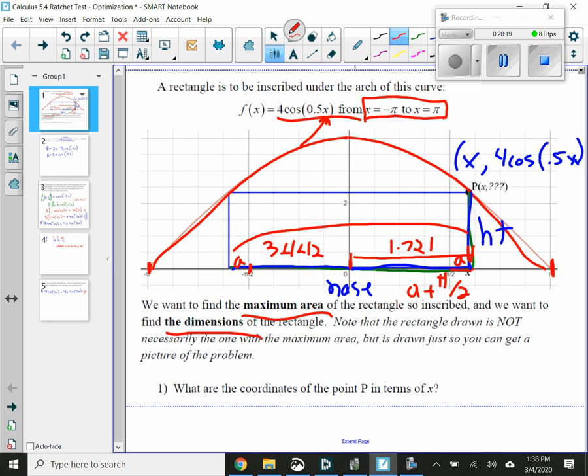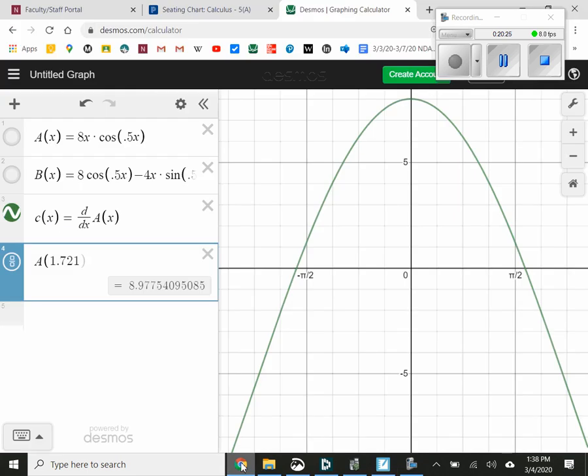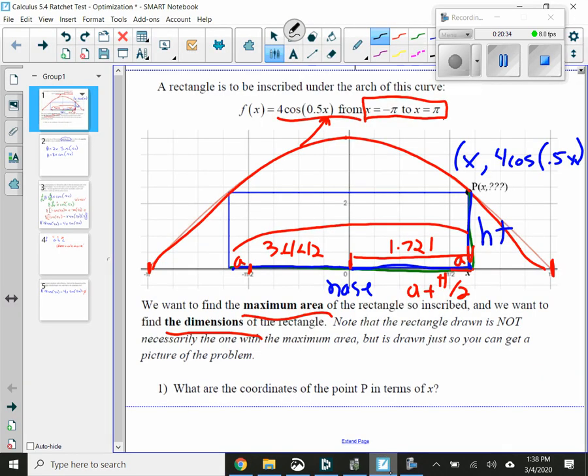You could do that, but there's an easier way. So we did the area with x equal to 1.721, and we get 8.98. So the area here is 8.98. Come on now. How do I get the height? Even easier.